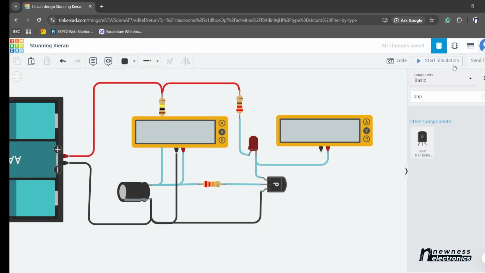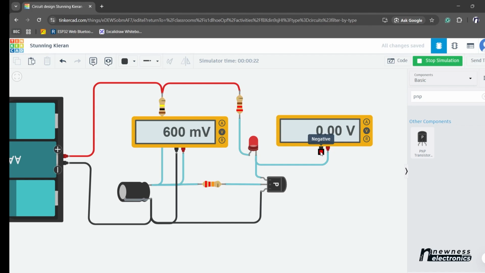So let's see what happens in this circuit. Play. You see the lights already on. So the light will stay on and begin to go off gradually after almost 48 seconds. Let's see if it works.